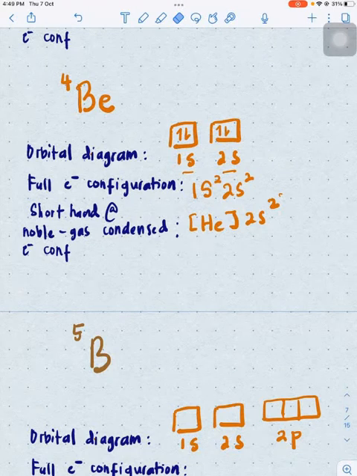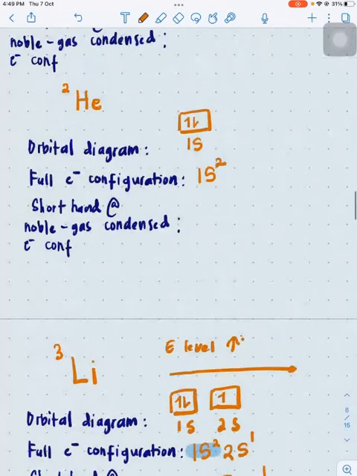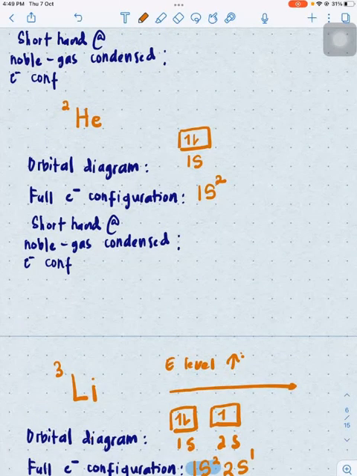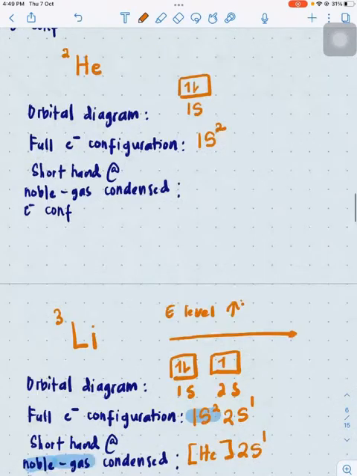Faham tak? Ini, kita tengok ini adalah electron configuration 1s2 ni sama dengan electron configuration untuk helium. Okay? Yang mana 2s2 tak sama dengan 1s2 kan? So sebab tu kita tak boleh ganti dengan helium. Oh, right.